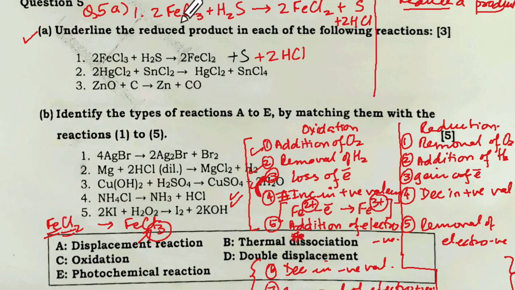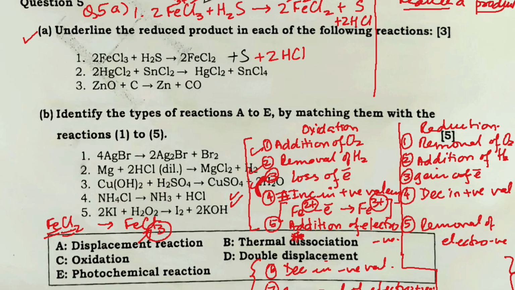Now look over here. FeCl3 became FeCl2. That means Fe3+ right over there became Fe2+. So what has happened over here? Show the arrow from here to here.